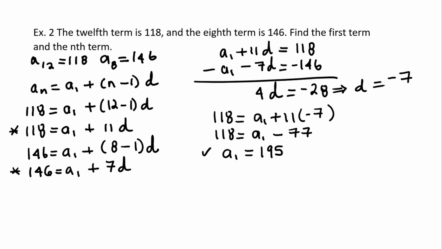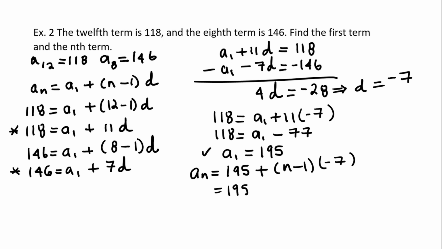Okay, that's done. Now we need to get the formula for the nth term. So we'll start with the general. a sub n equals, now we can put in 195 for the first term plus n minus 1 times the common difference, which was negative 7. Let's work this out and simplify it a little bit.